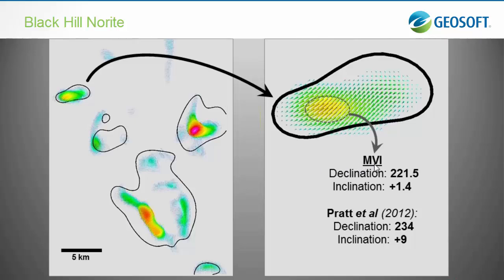It turns out that the MVI method is able to accurately determine the declination and inclination relative to the other works. The most recent work was Pratt's paper, where he modeled this carefully as an ellipsoid body with remnants. By doing that, he came up with the declination and inclination as shown here. MVI just by itself came up with this.